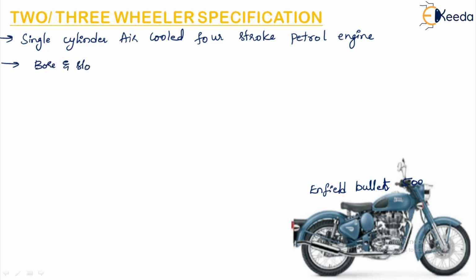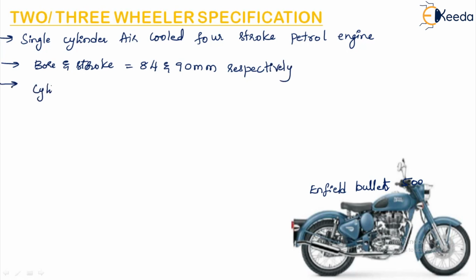What is the difference between a normal motorcycle and this Royal Enfield? Here we can see bore and stroke capacity is more in this Royal Enfield, that is 84 and 90 mm respectively, but in Splendor it was 50 and 50.